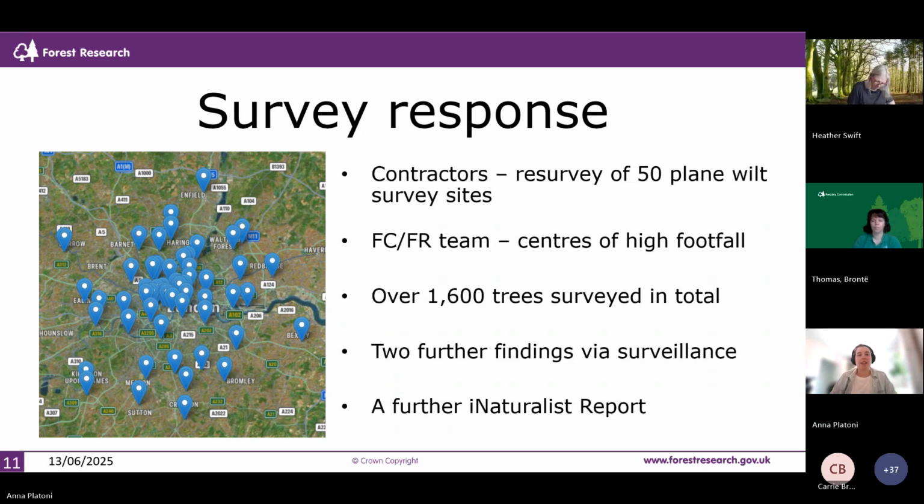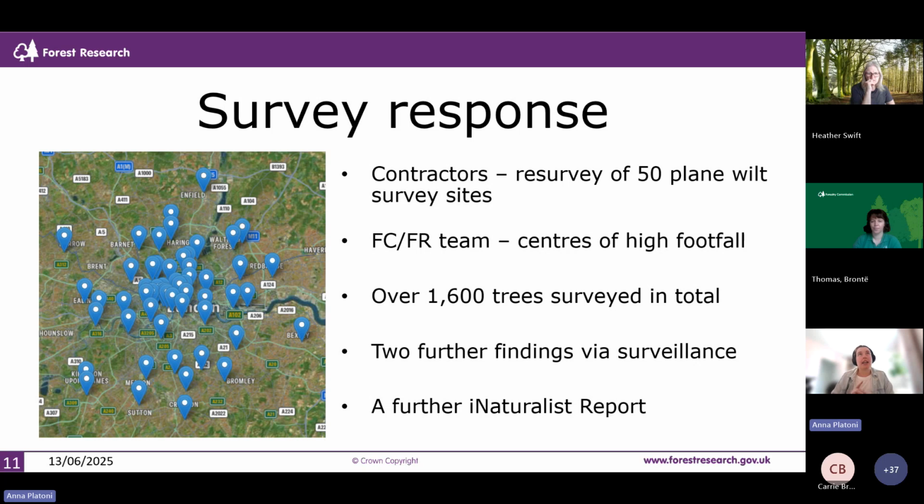This map shows all of the trees that were surveyed. As part of this survey effort, 2 further populations of PLB were found, of a similar size to that first finding, again in other busy areas of central London. One was in the King's Cross area, found by Chris Malumphy from FERA during a trip through the city, and the other was on Thames Embankment, found by FR colleagues.